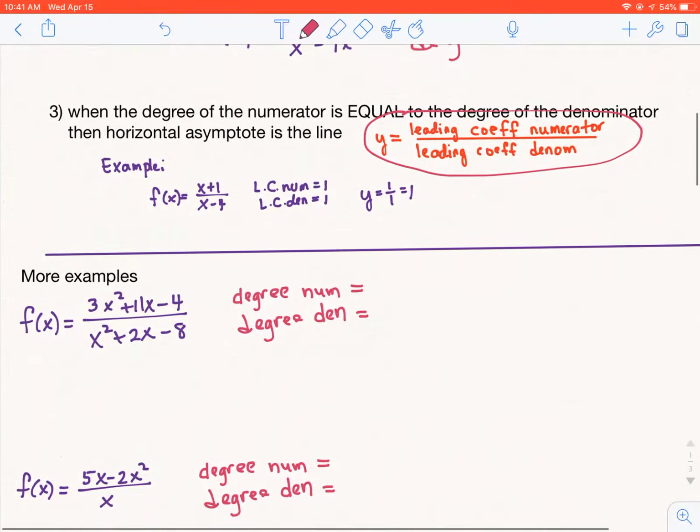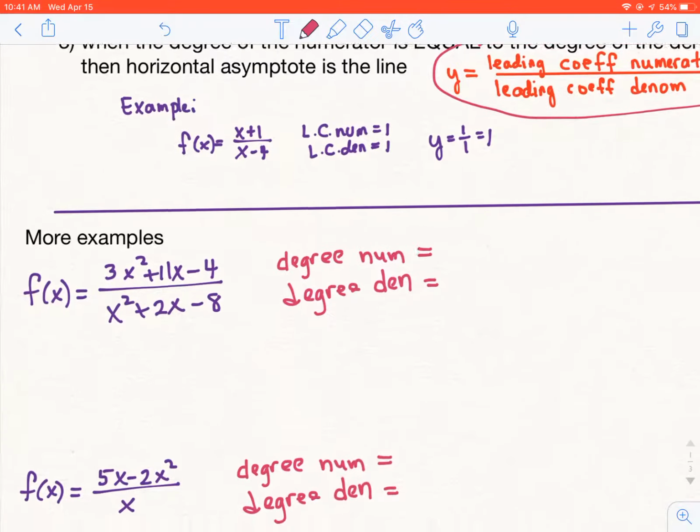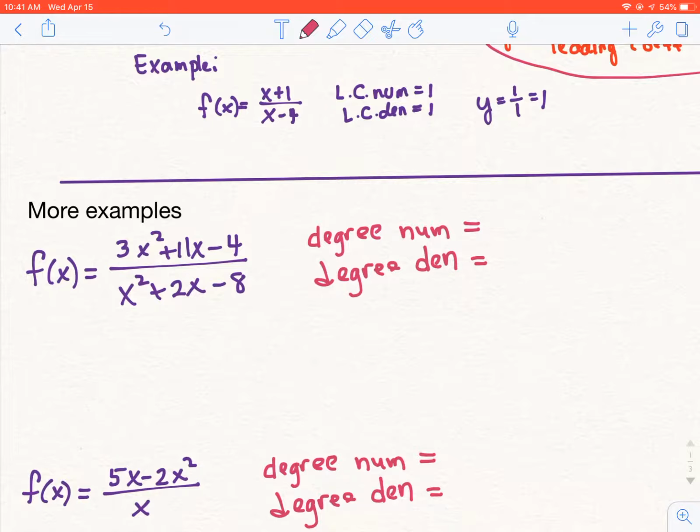Okay, so let's see if we can practice these 3 rules, okay? So here's the first example. 3x squared plus 11x minus 4 divided by x squared plus 2x minus 8. The degree of the numerator is a 2. That's this number right here. The degree of the denominator is also 2, right here. So they're equal, so I use the leading coefficients.